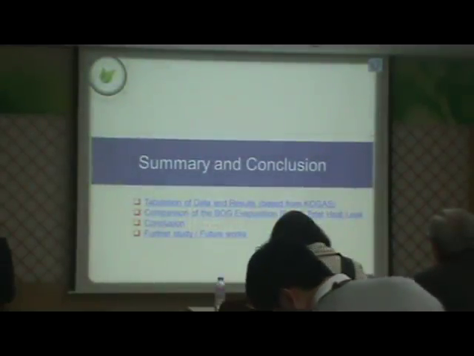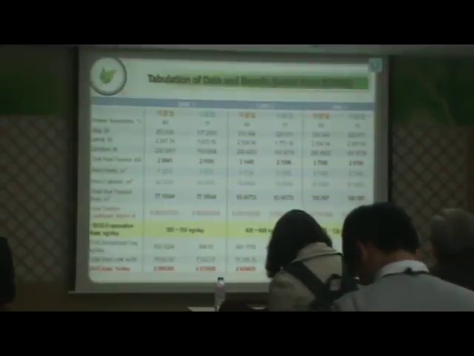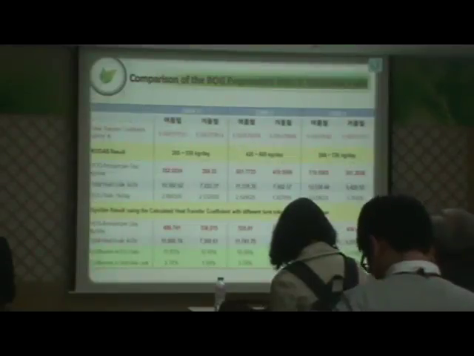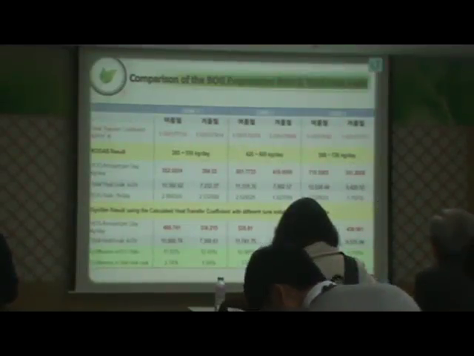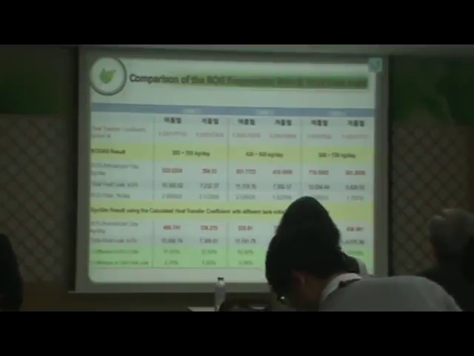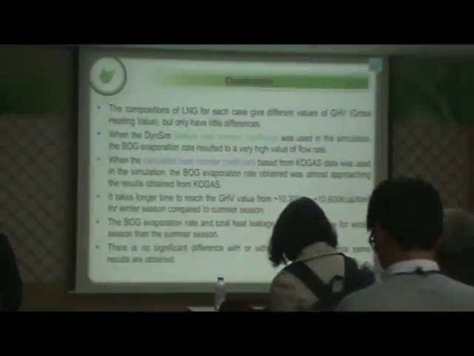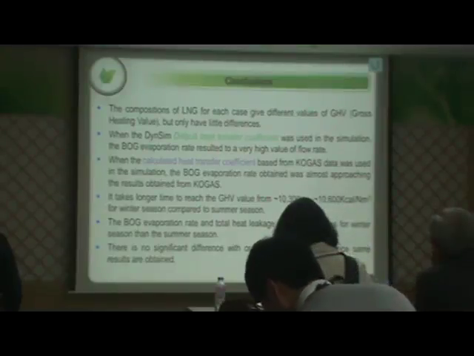And then for the summary and conclusion, we just tabulate the data for the comparison of each case. These are the comparisons of the BOG evaporation based on TOGAS results and our Dynamium results. For our conclusion, the compositions of LNG for each case give different values of GHB, but with only little differences.